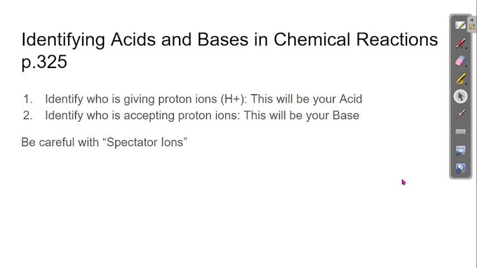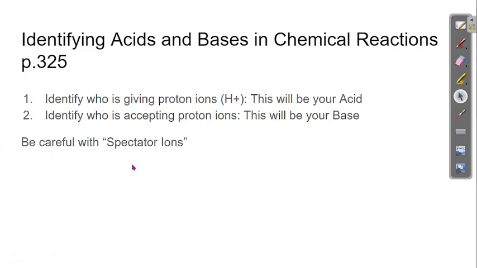So who is giving it away? That will be your acid. Now identify in that reaction who is accepting that proton ion. That will be your base. Remember, acids are called proton donors. Another name for a base is a proton acceptor.